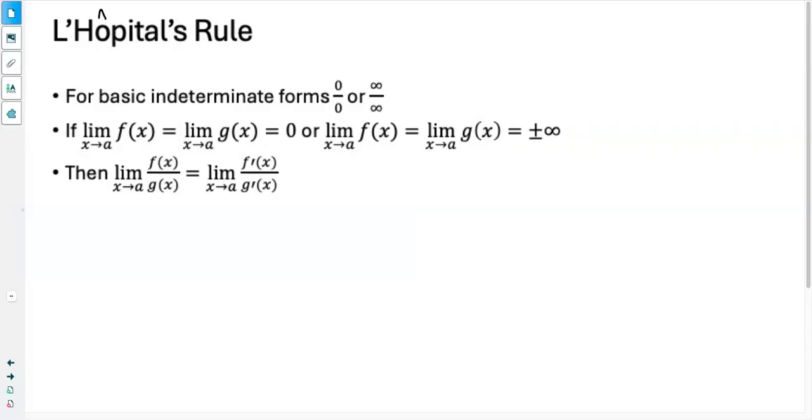So if the limit of f of x as x goes to a equals the limit of g of x as x goes to a equals 0, or the limit of f of x and the limit of g of x as x goes to a is plus or minus infinity, then the limit of f of x over g of x as x goes to a is equal to the limit of the derivative of f of x over the derivative of g of x as x goes to a.